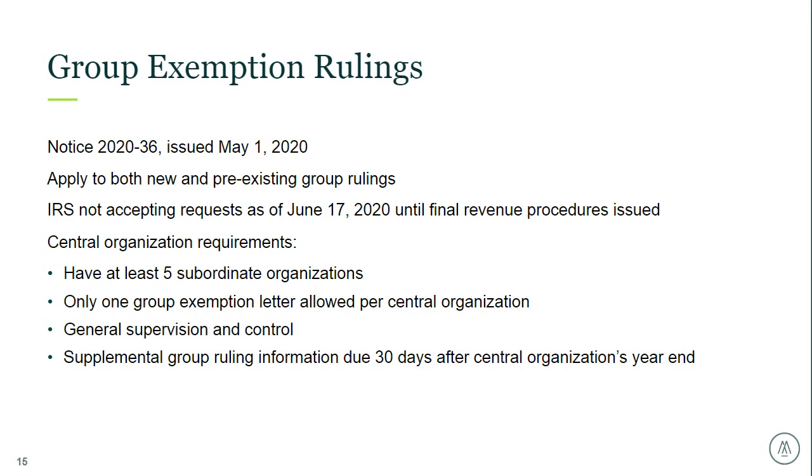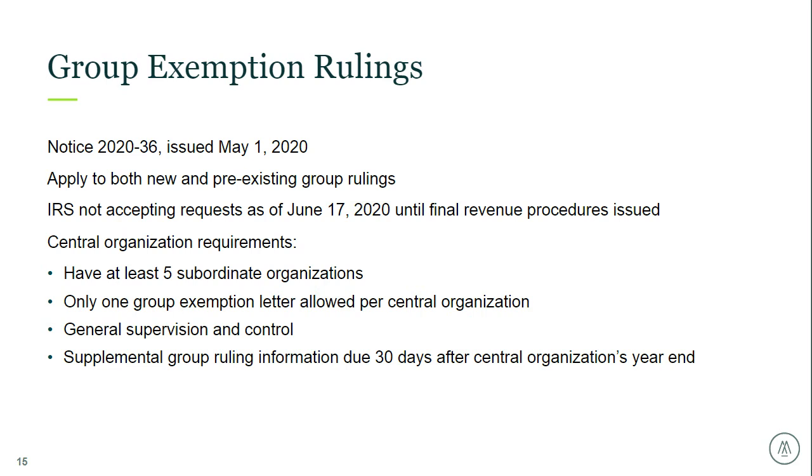The IRS published in May of 2020 the proposed revenue procedure Notice 2020-36 that provides updated conditions for obtaining, maintaining, and qualifying for group exemptions. The previous authority on this was Revenue Procedure 80-27 that was issued all the way back in 1980. So it's been a long time since the IRS has addressed this area.